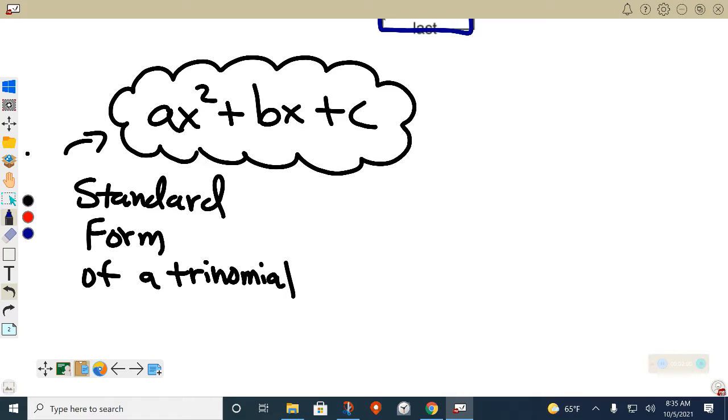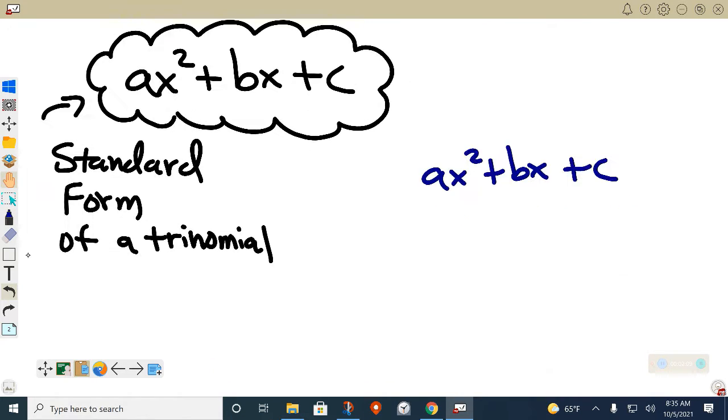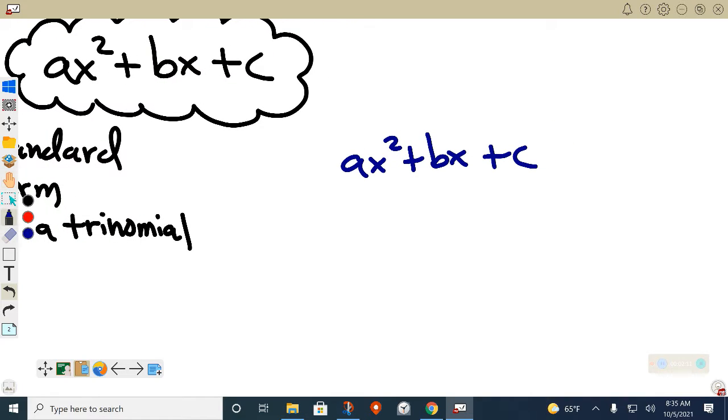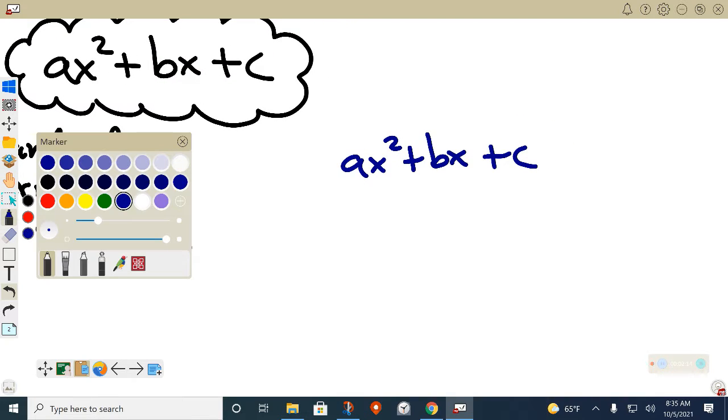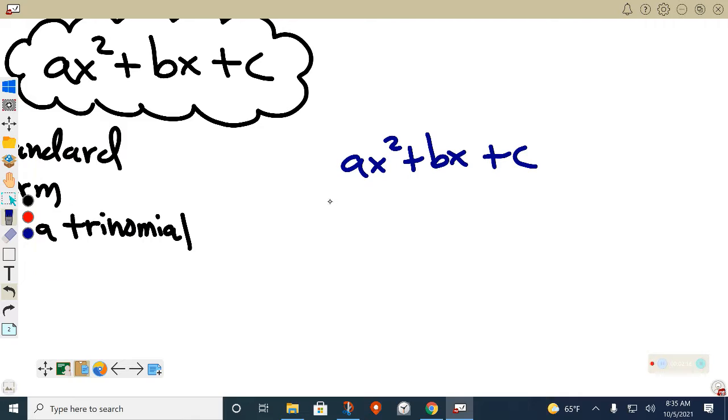So if we want to factor ax squared plus bx plus c, what has to happen is this. It's going to end up becoming two binomials.